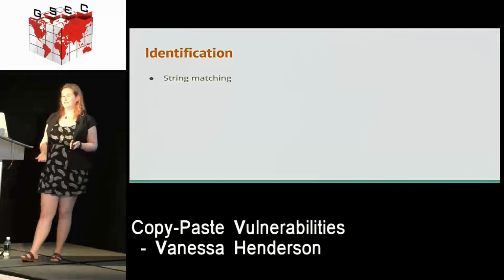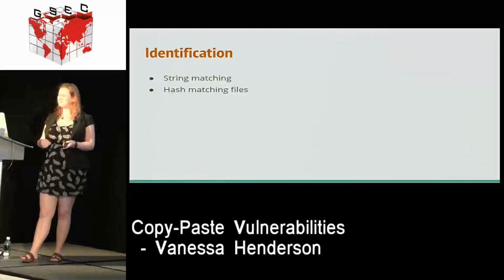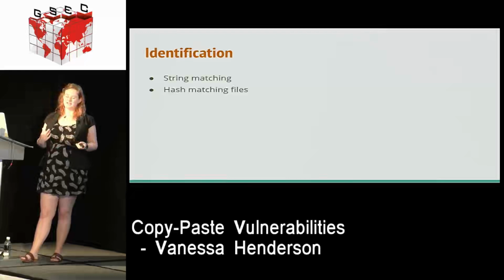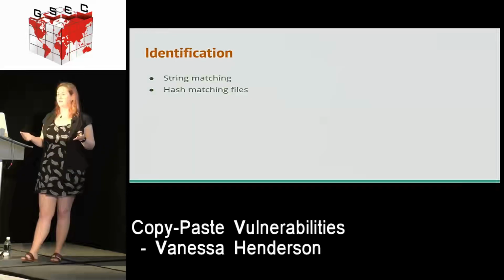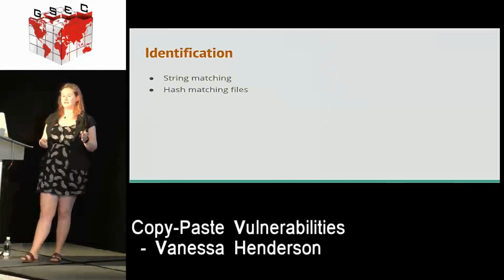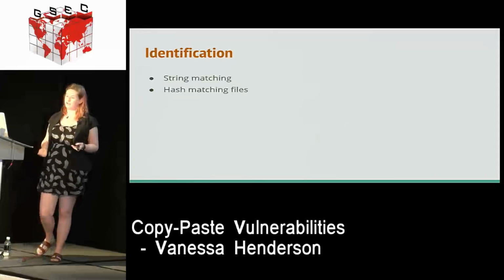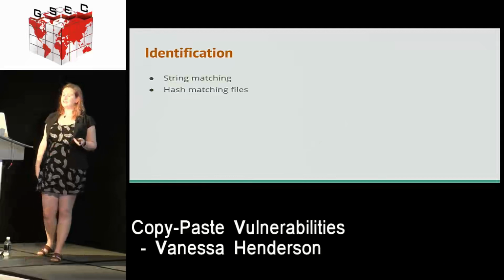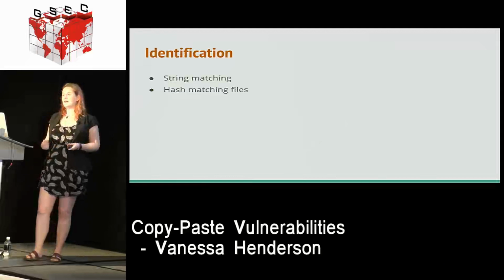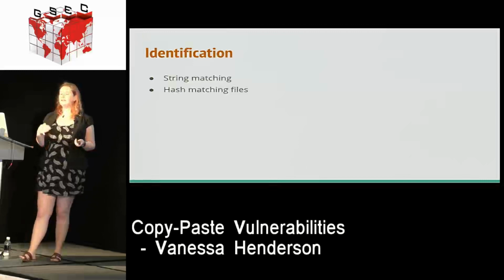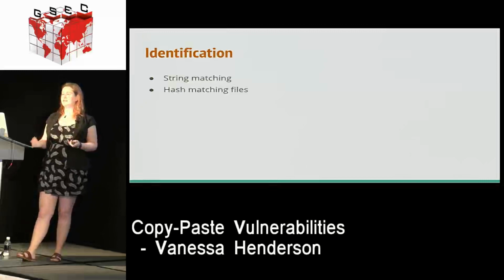The second way that I identified files was through hash matching. So hash matching allows you to take a single file and put it into a set of characters, which will be unique to that file. If even a single space or a single character is changed, the hash won't match. So whereas the hash matching didn't allow me to identify the concatenated files, it very accurately was able to identify full files that had been copied.